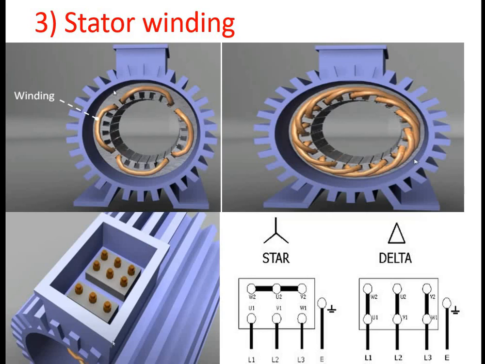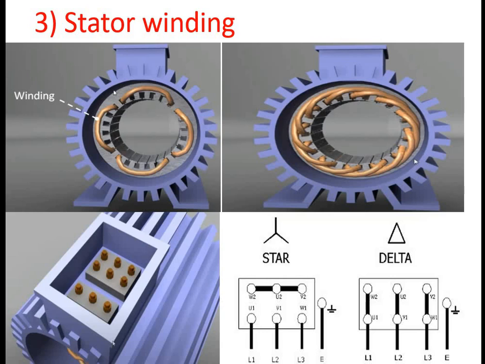We connect those with the terminals, and the second end of the terminals will be connected to the winding arrangements inside the slots. So it may be either star or delta, completely based on the type of starter we prefer to start the motor.